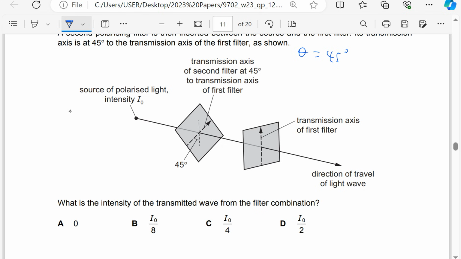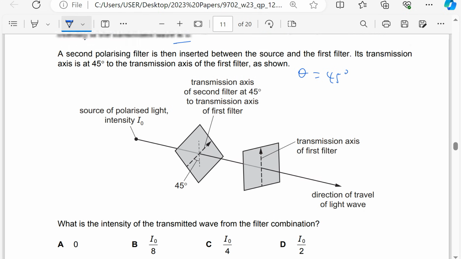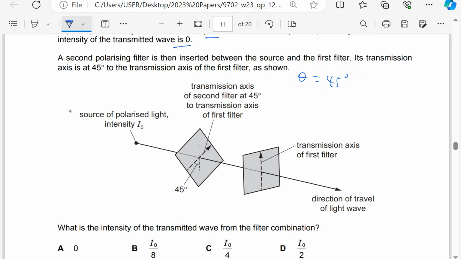From the filter combination, for the first one, the angle between the axis of transmission and the beam of light is 45. So for the first one, I1 is going to be equal to I naught cos squared theta. This means I1 is I naught cos squared of 45 degrees.